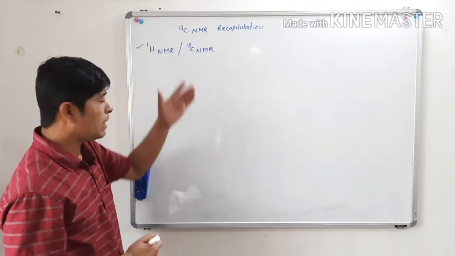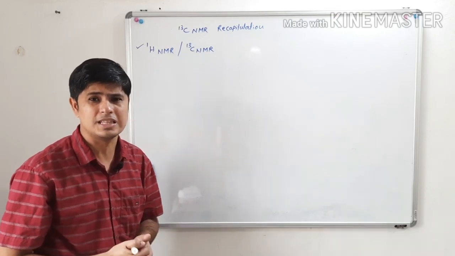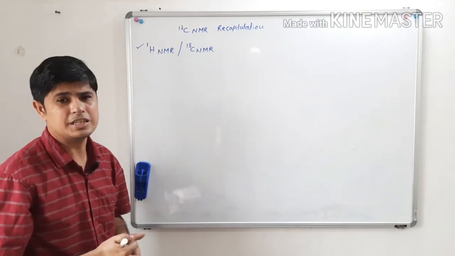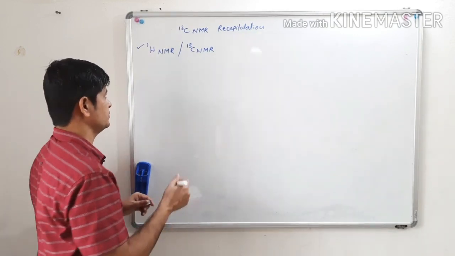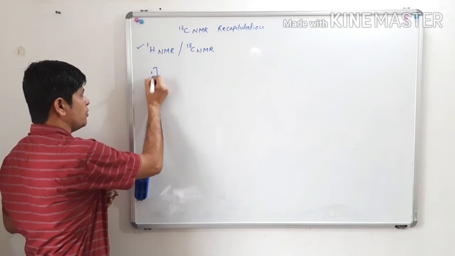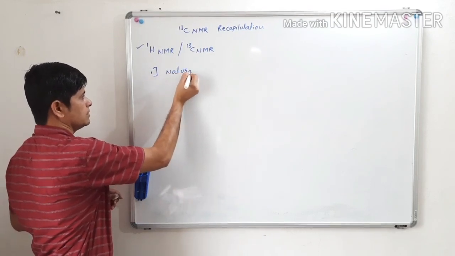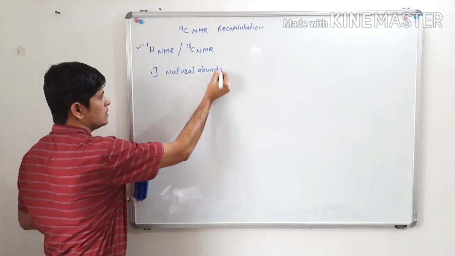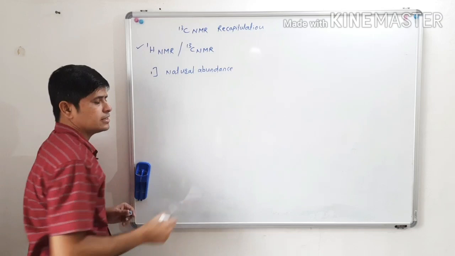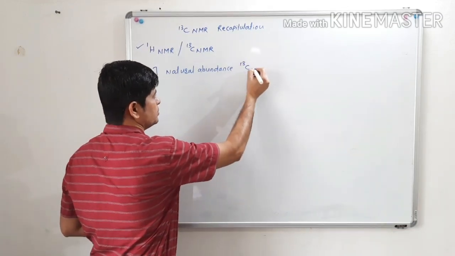Now, why is carbon 13 NMR not that sensitive compared to 1H NMR? Let us see. The first point is the natural abundance of the carbon 13 isotope.